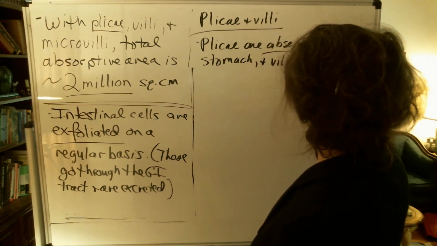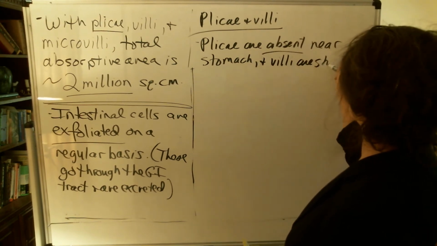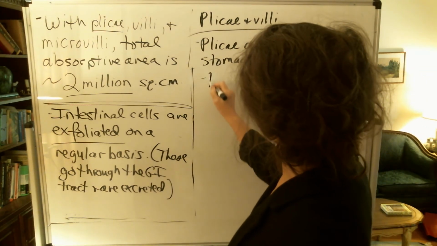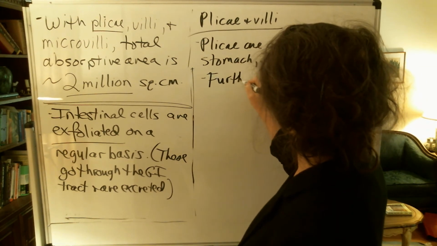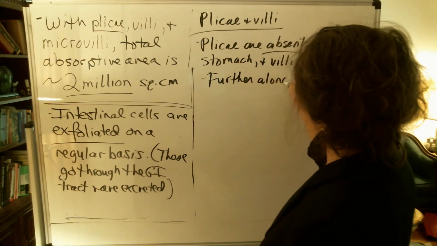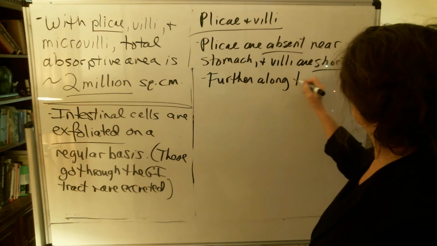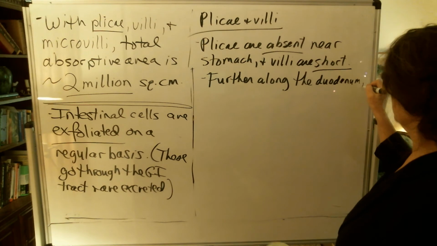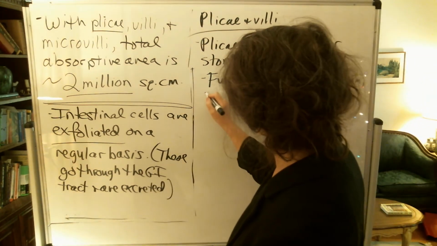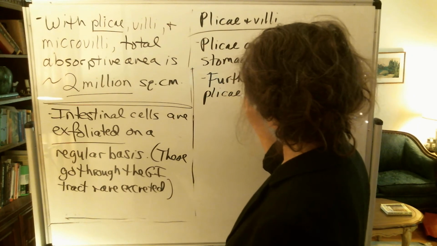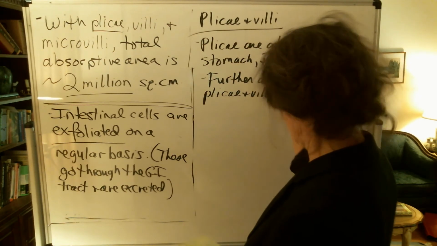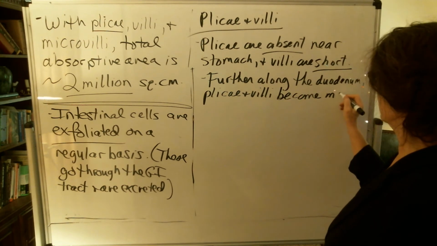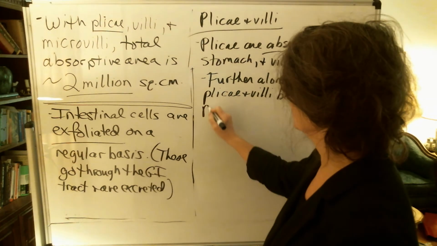and the villi are short. And then further along the duodenum, the plicae and villi become more prominent.